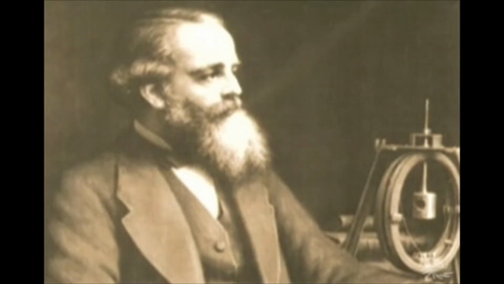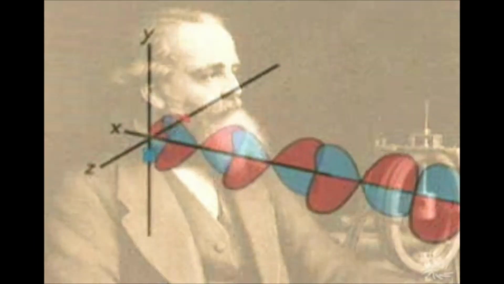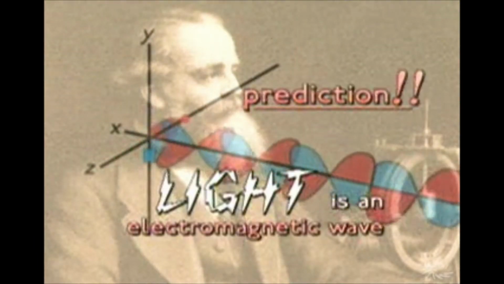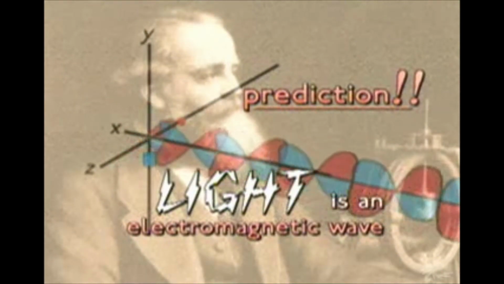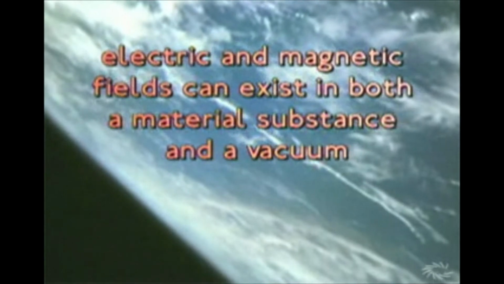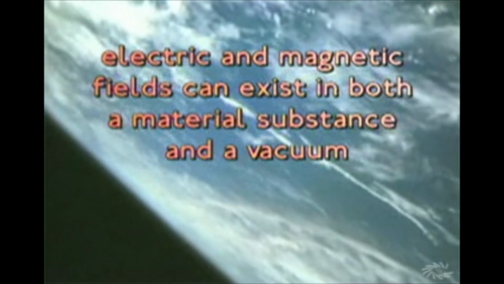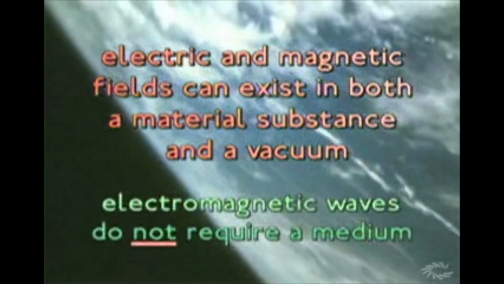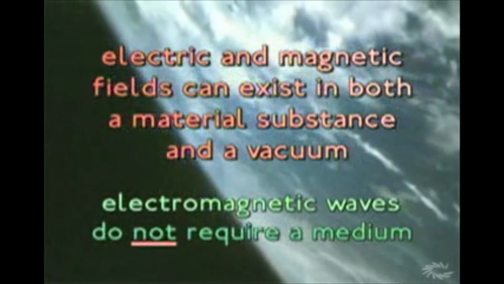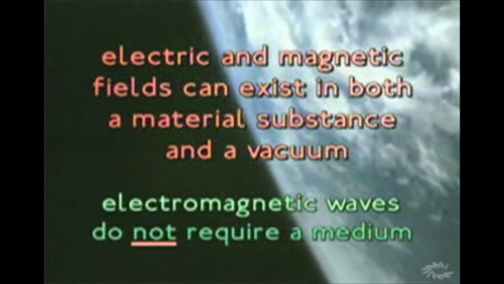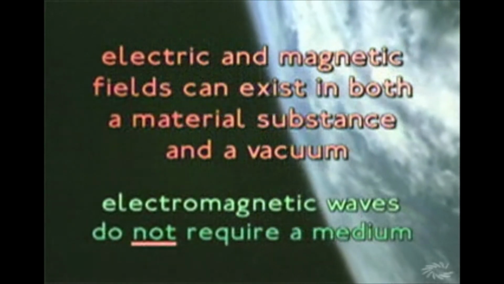Maxwell's calculations of the velocity of these waves match the speed of light, and led him to predict that light is an electromagnetic wave. Since electric and magnetic fields can exist in both a material substance and a vacuum, these waves do not require a medium and can travel through air, water, or the vacuum of space. Once that was understood, physicists abandoned the notion of ether.